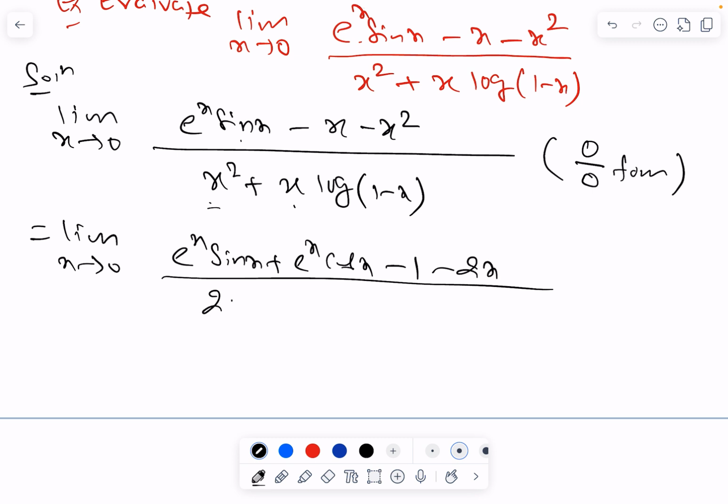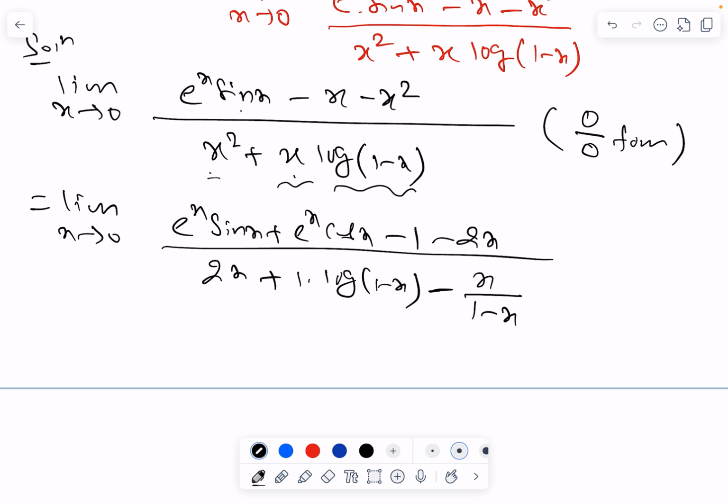Now denominator x square derivative 2x plus again product rule. So derivative of x is 1, log 1 minus x as it is, and x as it is, derivative of log 1 minus x is 1 over 1 minus x, and derivative of 1 minus x is minus 1.